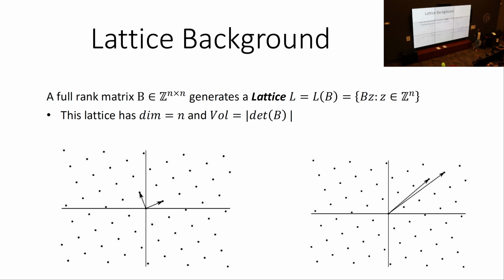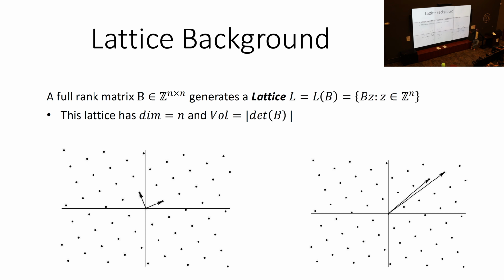The dimension of the lattice is basically the rank of the basis, and the volume is the absolute value of the determinant of the basis. When n is more than 2, there are infinitely many bases that generate the same lattice, and they are connected by a unimodular transformation.